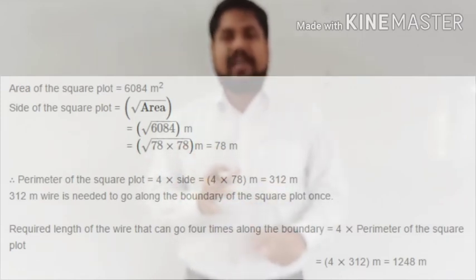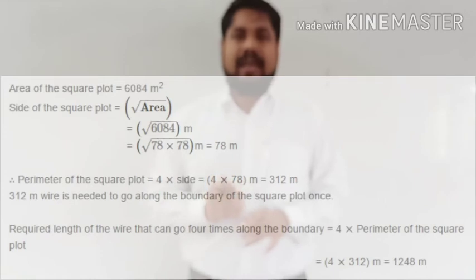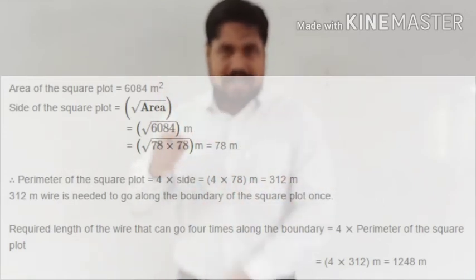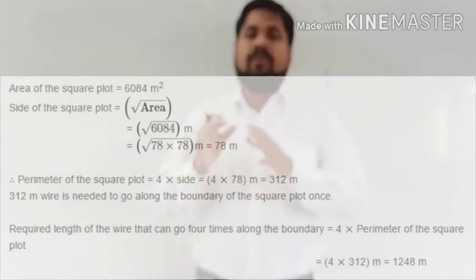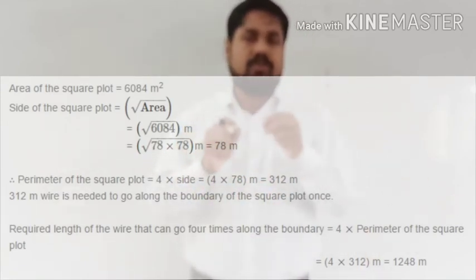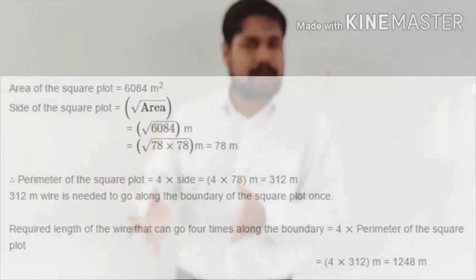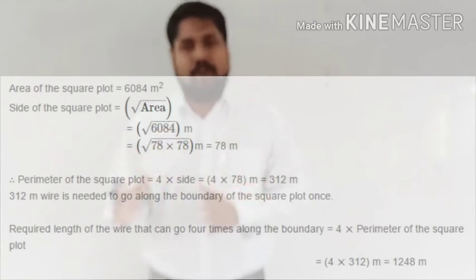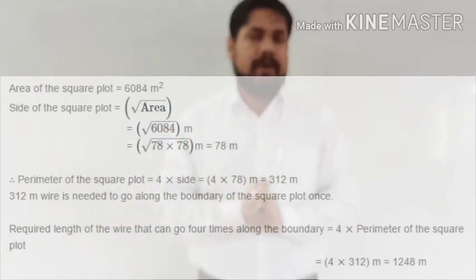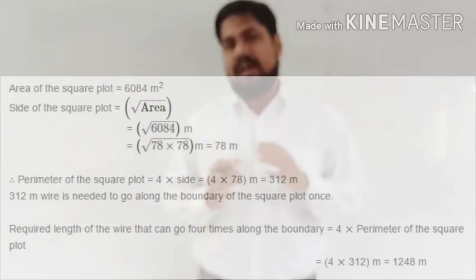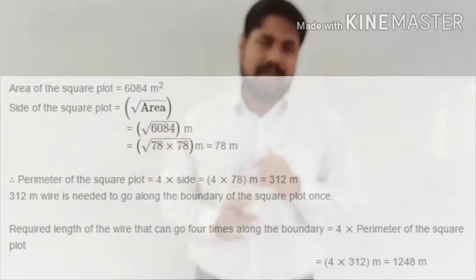अब पैरामीटर निकालने के बाद हमें ये निकालना है कि we want to now round this 4 times. तो 4 टाइम्स हमें इसको जो है वायर को घुमाना है, एक वायर लगाना है जिसमें 1 टाइम में 1 पैरामीटर, 2 टाइम्स में 2 टाइम्स पैरामीटर, सो 4 टाइम्स पैरामीटर। So that means 312 meter multiply 4 will be the required length of the wire which it will require, which will come 1248 meter.